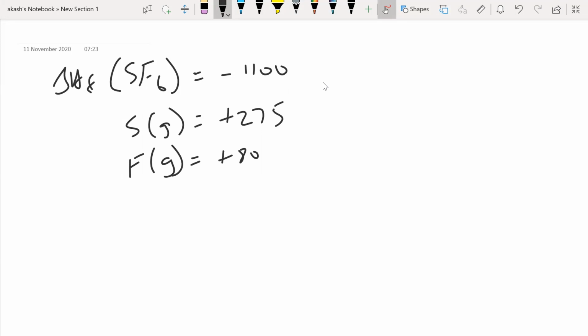They're asking what is the bond dissociation energy, that is, the BDE of the SF bond in SF6. So this is what they're asking.